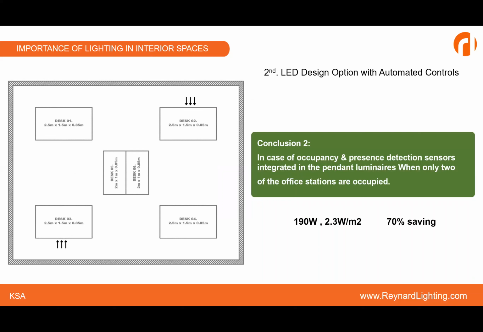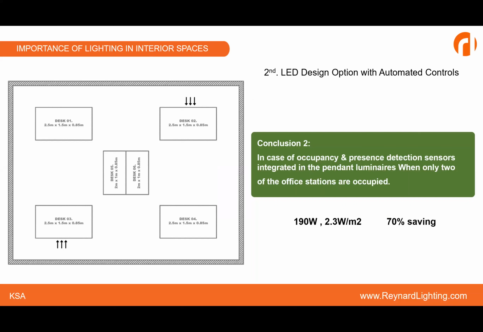So what we are recommending is that the task luminaires, the pendant ones, integrate a small motion sensor, a presence detector, which detects the presence of the person sitting at the desk. When he's not there, this pendant light will go off.